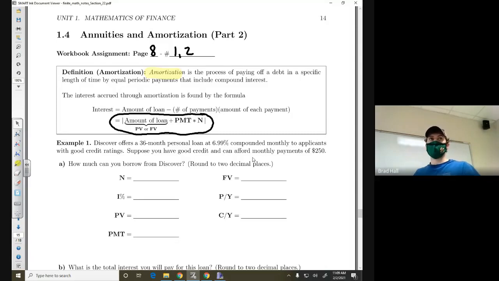Because last time in class, I mentioned that PV or FV always has to be zero. One of them always has to be zero, and the other one is, well, not zero. So the non-zero one will go into this formula. And then PMT times N, that plugs in directly as you would think. You find PMT, you find N, plug them in, and you're good to go.